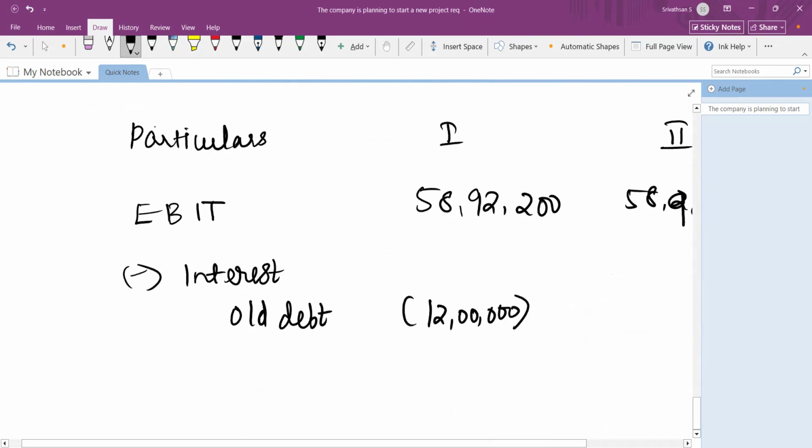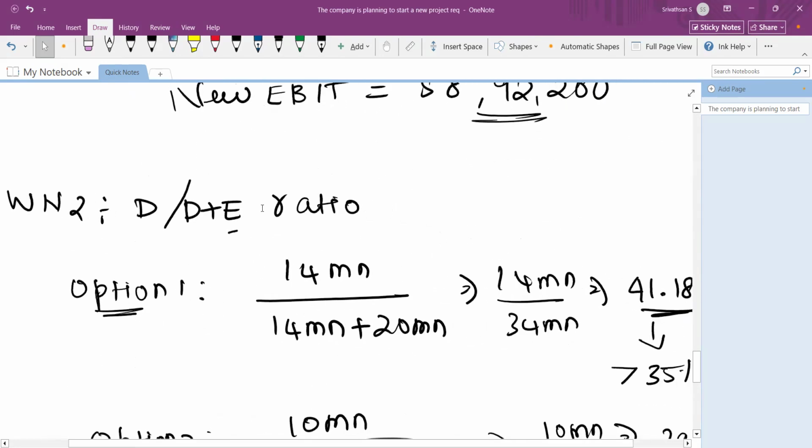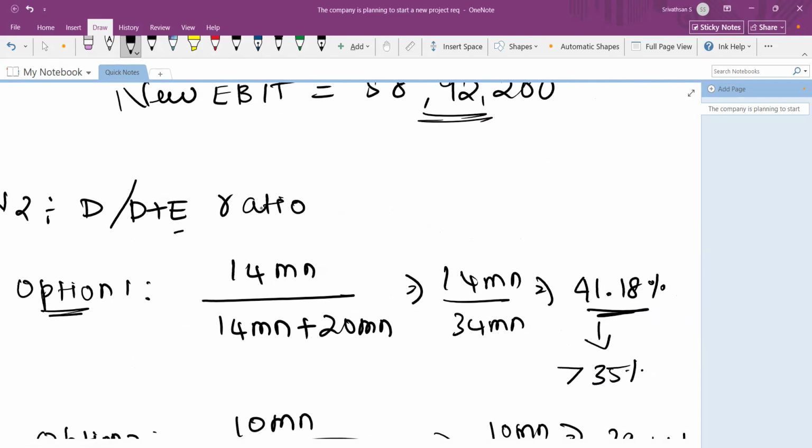Now, what is the amount of interest the company has to pay for the new debt? The company has raised an additional 4 million rupees in the form of debt. And at what rate of interest? Listen carefully. Under option 1, the debt by debt plus equity ratio is greater than 35 percentage. If it is greater than 35 percentage, at what rate can the company borrow the additional finance, 12 percentage or 14 percentage?